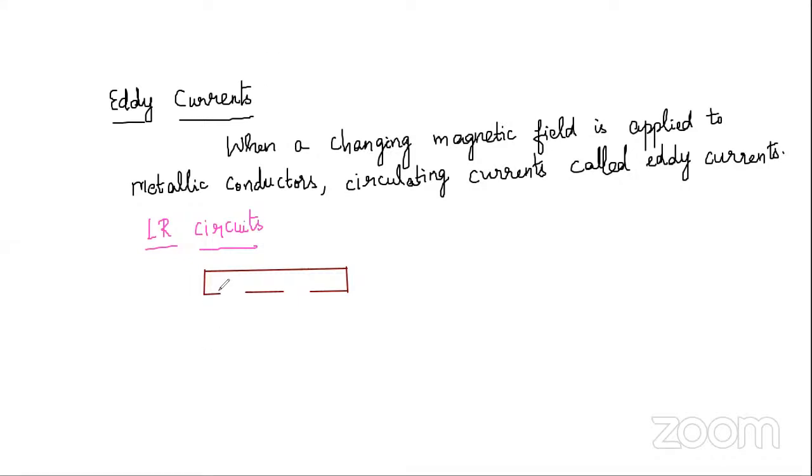The resistance is shown by capital letter R, and the inductor coil is shown like this.